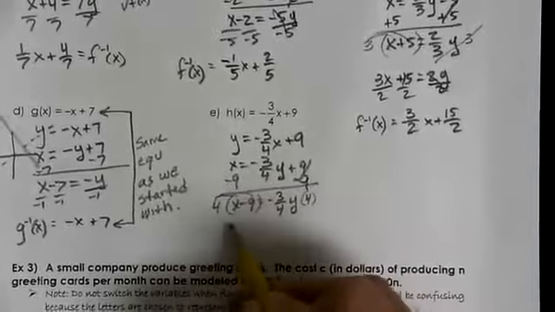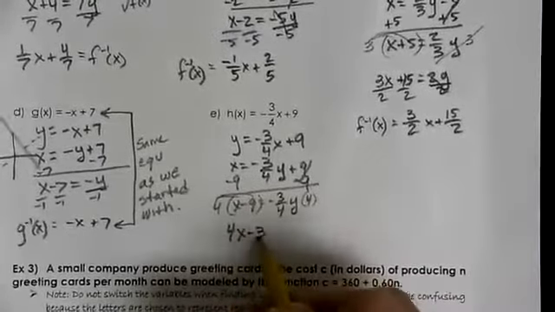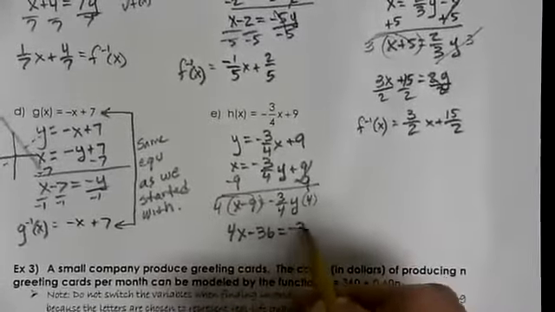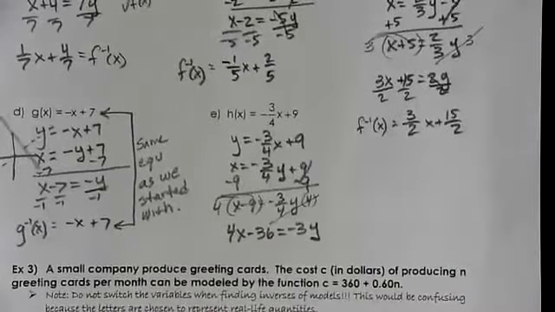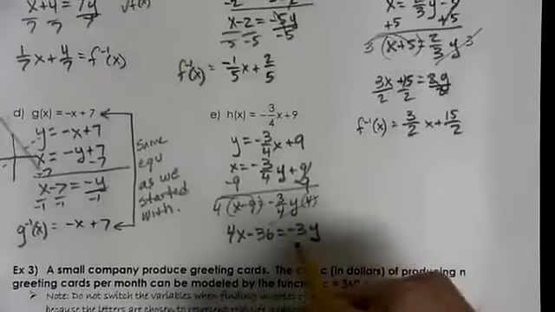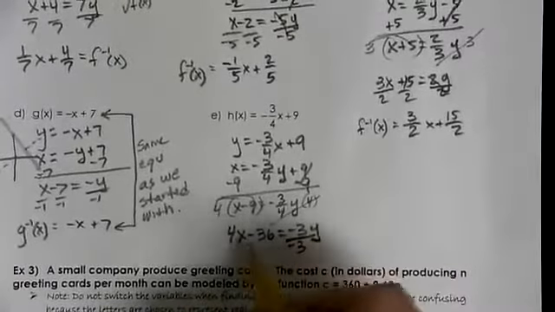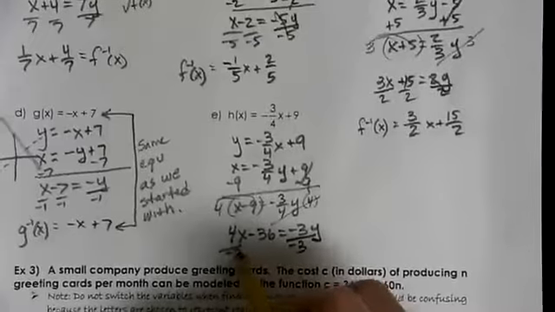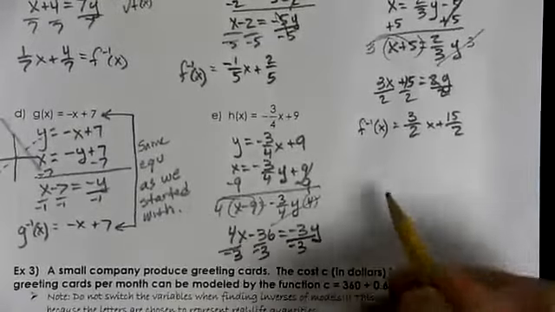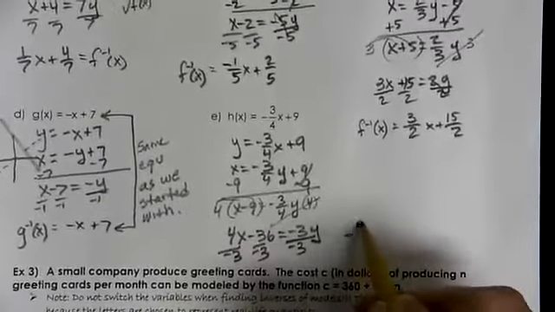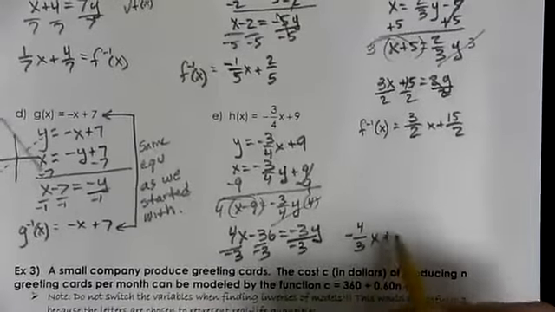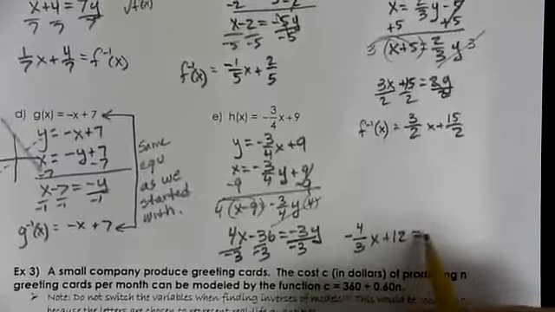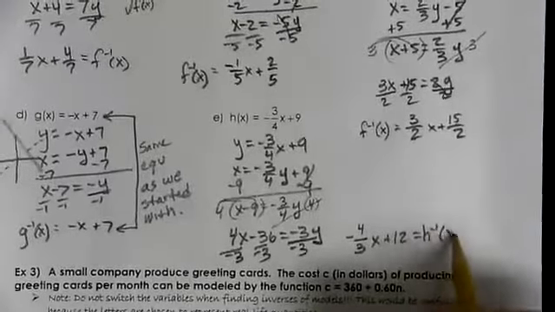That means we have to distribute it through. And we divide by our 3 to every term. So that gives us negative 4 over 3 x plus 12. And that's going to be h inverse of x.